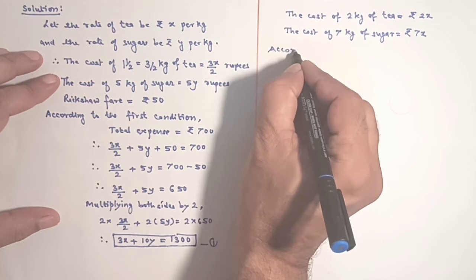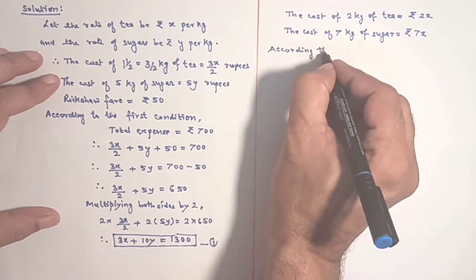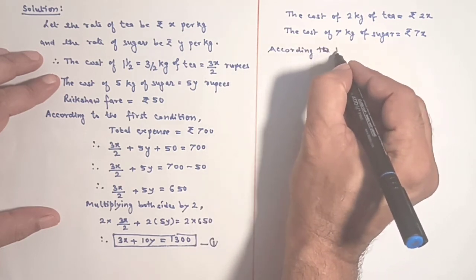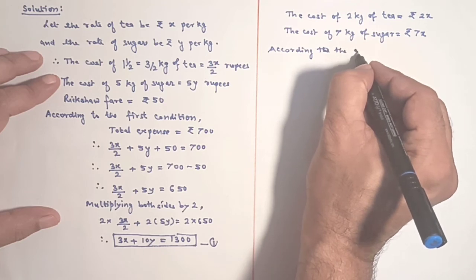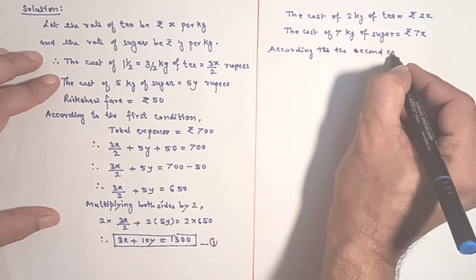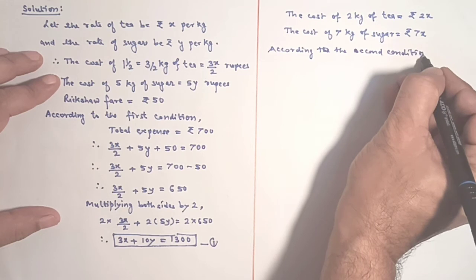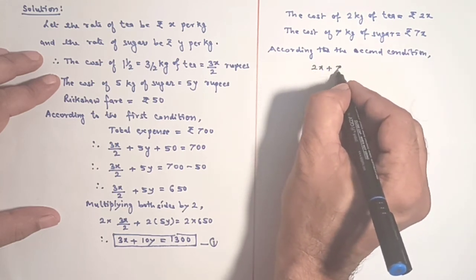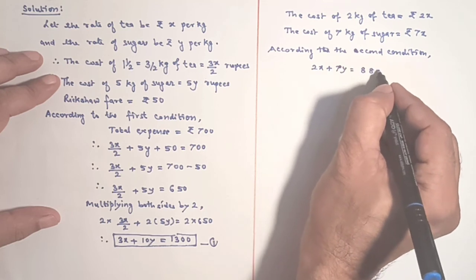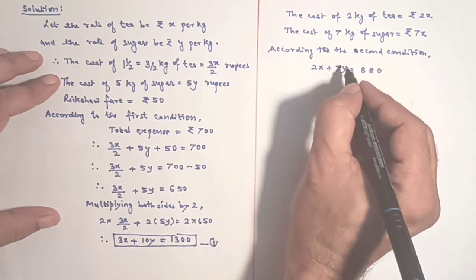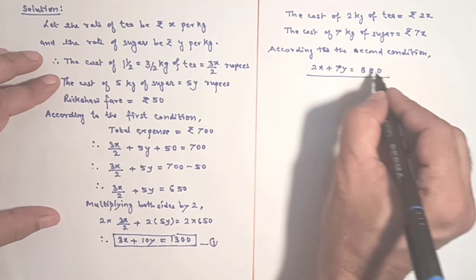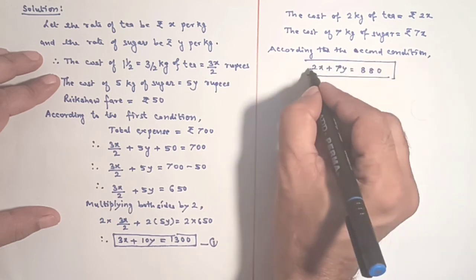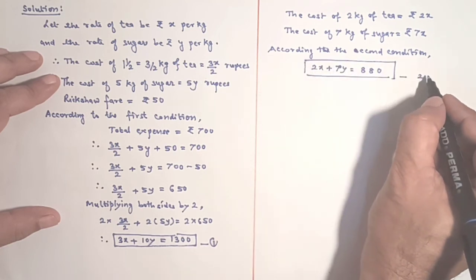Now according to the given second condition, 2x plus 7y is equal to 880. This is your second equation.